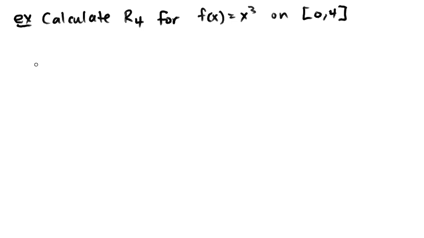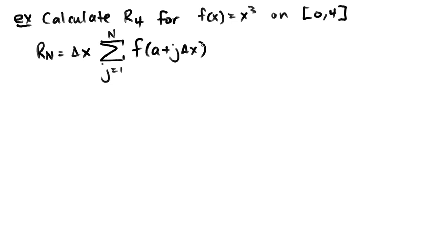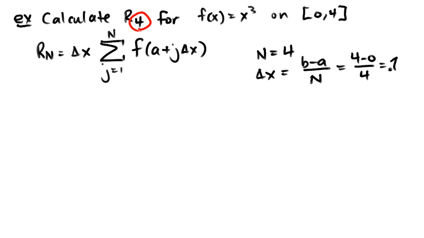So let's take a look at the last example that we did, but now we're going to use this formula. Our n is still 4. You get that from the subscript on the r sub n, and our delta x is still b minus a over n, and our b is 4 still, minus 0, over 4 subintervals, so 1, as we saw in the last example.